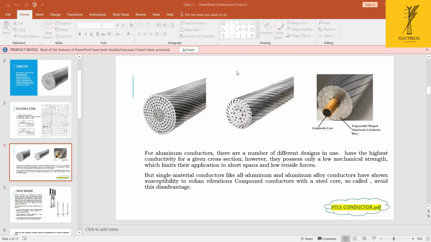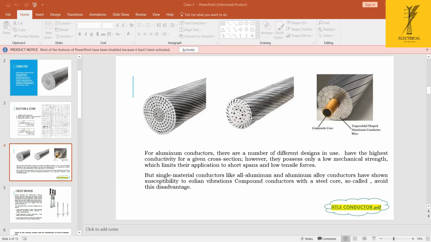Okay, so coming to the conductor stream, we have different types of conductors, like aluminum. This is the aluminum conductor, steel reinforced. For aluminum conductors, there are a number of different designs in use, and they have the highest conductivity for a given cross-sectional area. However, they possess only low mechanical strength, which limits their application to short spans and low tensile forces.